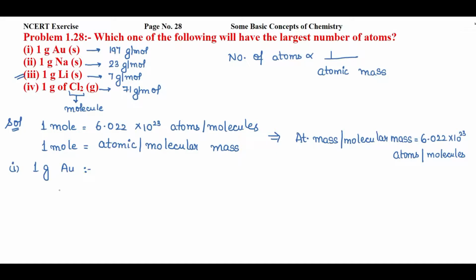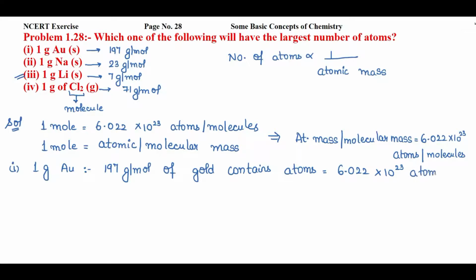We'll apply the unitary method over here. So you can write 197 gram per mole of gold contains atoms equal to Avogadro number of atoms, that is 6.022 into 10 raised to power 23 atoms in 1 mole. So we have to find the number of atoms in 1 gram of gold.